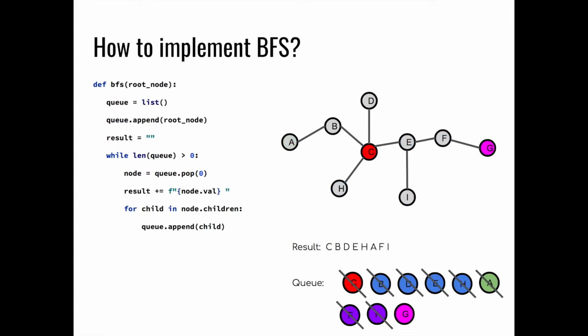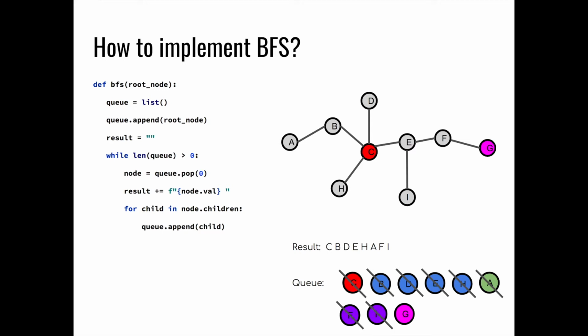After that, when our algorithm is over, we first of all print in some result the exact order in which we visited our nodes. And the queue was a data structure which helped us to do it.